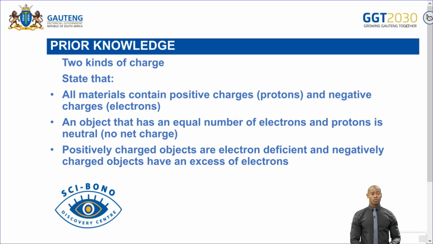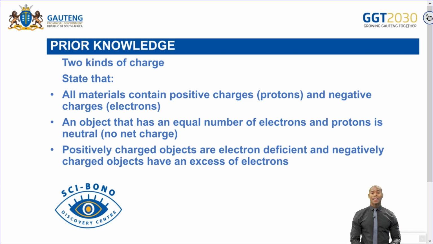Some materials are positively charged. But if an object is positively charged, it doesn't mean that it doesn't have negative charges or electrons, but it has more protons than electrons. So those objects, we say they are electron deficient, or they have a shortage of electrons.